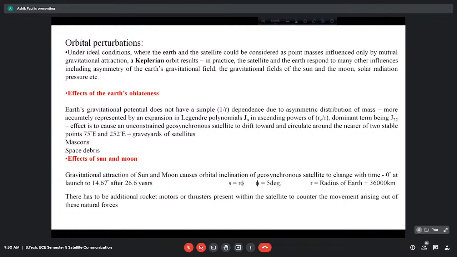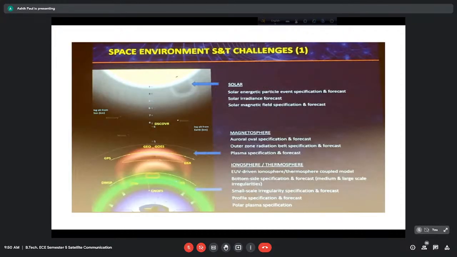So that is why the characteristics of these mascons, their distribution, whether there is a geographical distribution of these mascons or not, and how they actually affect the gravitational potential, these are things which are still not very clear to us. On the other hand, in space, humans have made great advancement, but at the same time, the space environment is also very challenging and very critical.